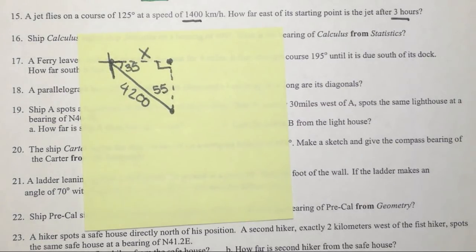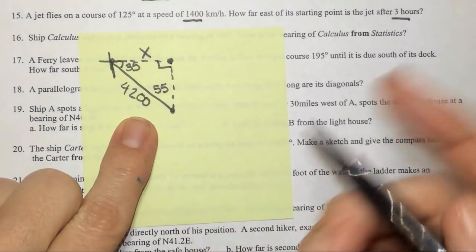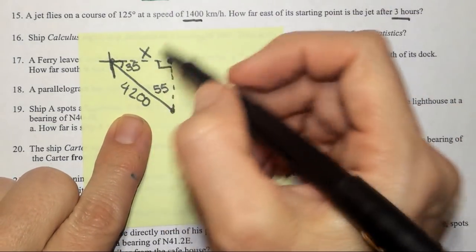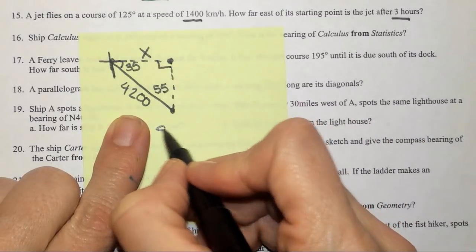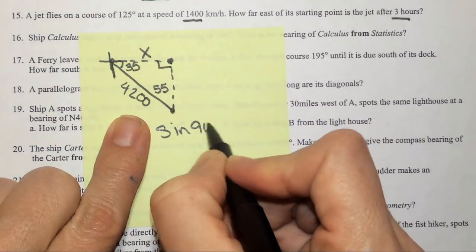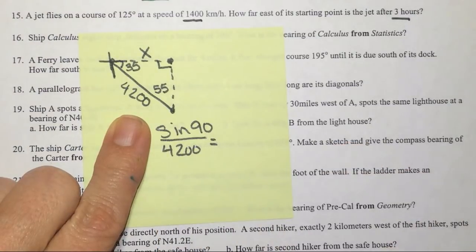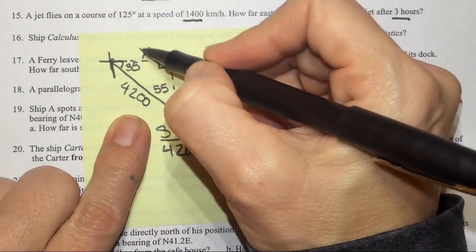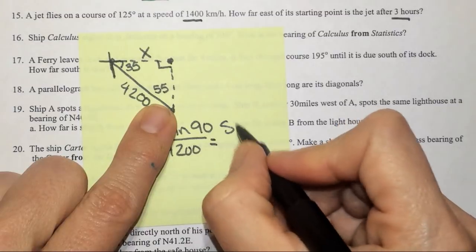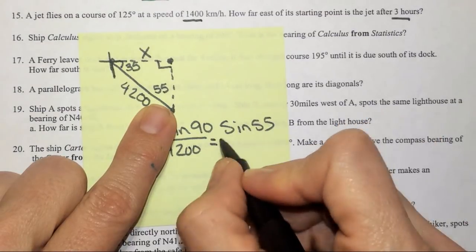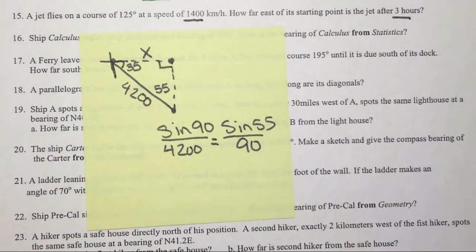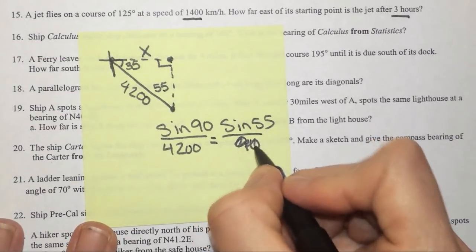Y'all seem to be more comfortable with law of sines, so that's how I'm going to do this. So I know that I have this angle on this side. So sine of 90 over 4,200 is equal to, I want this side and the angle opposite is 55. Oops, should be x, sorry.